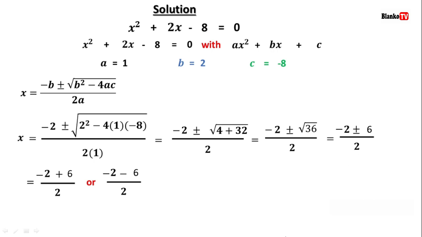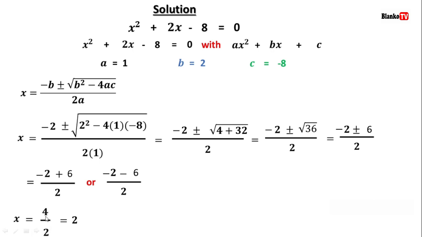Okay, so we have x is equal to, negative 2 plus 6 will give us 4 over 2.